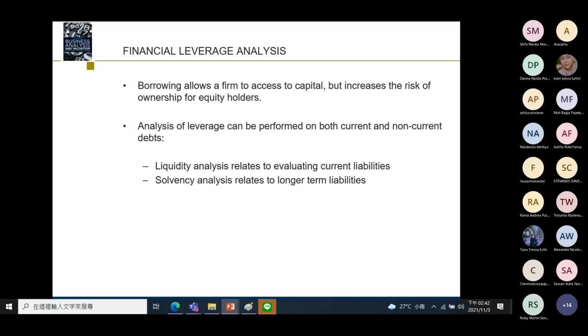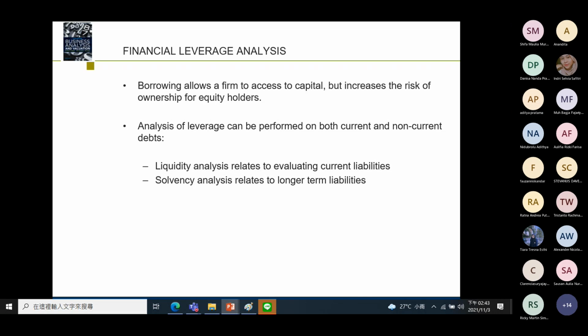Financial leverage increases a firm's ROE as long as the cost of liability is less than the return from investing. In this respect, it is important to distinguish between interest-bearing liabilities such as notes payable, other forms of current debt, and non-current debt that carry explicit interest charges, and other forms of liabilities.